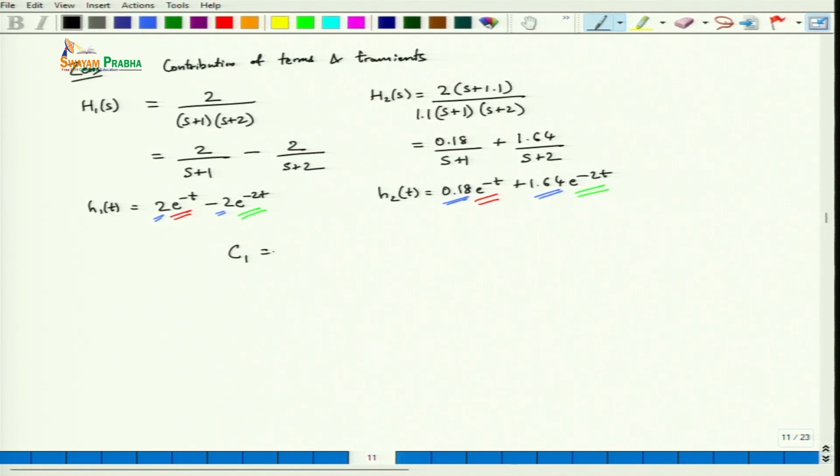So, say I want to find the coefficient for a pole P1, then that C1 will be: s minus P1, I will multiply it by the transfer function, which in this case could be H1 of s or H2 of s, that is (s minus P1) times F of s, and I will evaluate this at P1. So, if there is a zero which is closer to s equal to P1, then C1 will be smaller.